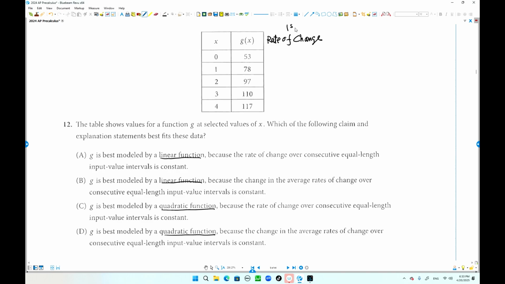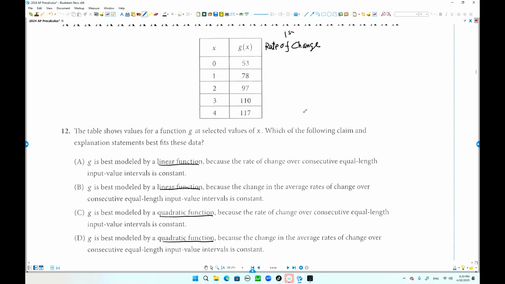When you take the first difference from here, that is 25. The second one is 19. The third one is 13, right? 170 minus 110 is 7. That is a rate of change. Second difference.